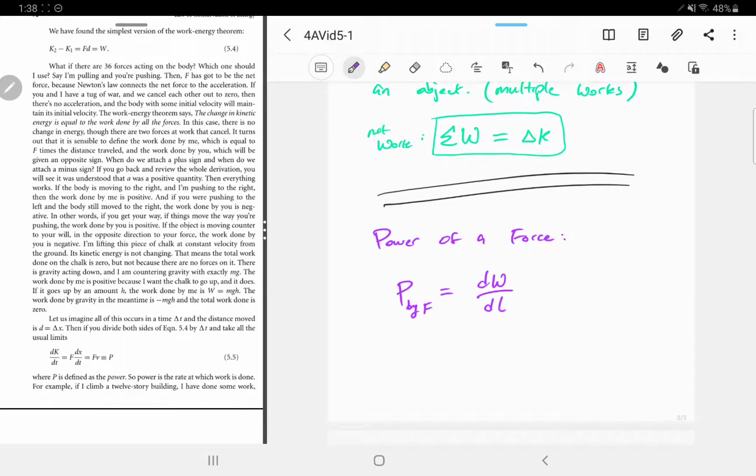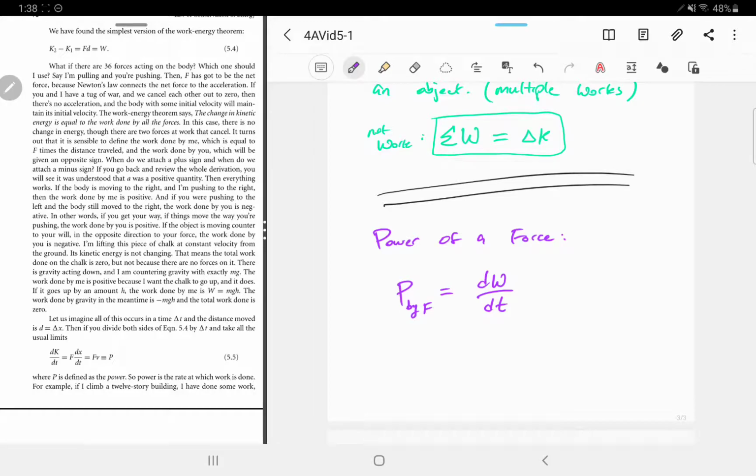So dW/dt. Like if my car is not great, it takes a long time for my car to get onto the freeway, to get up to 65 miles an hour. Now the change in kinetic energy is 1/2 m v final squared, where v final is 65 miles an hour.